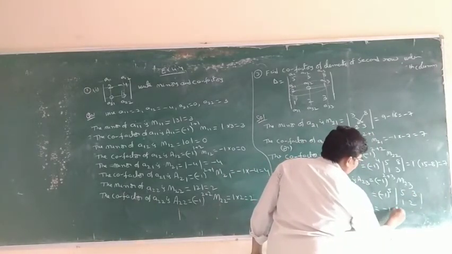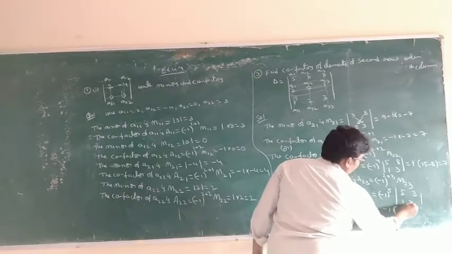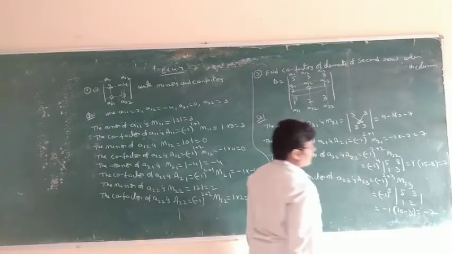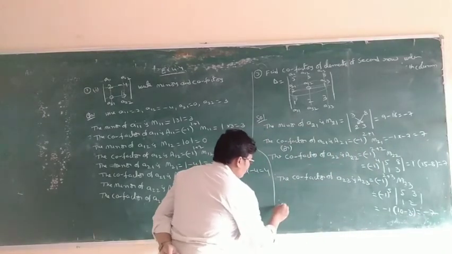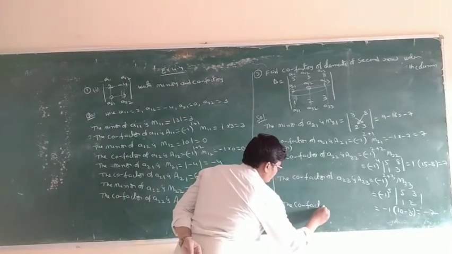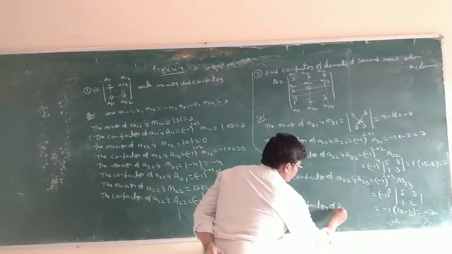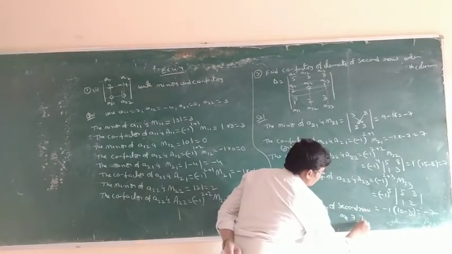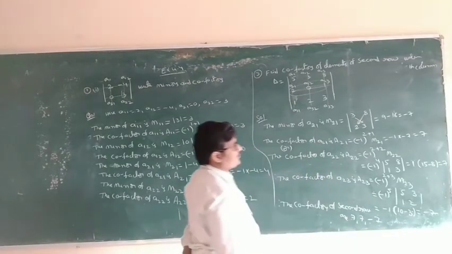So minus 1 into 5 into 2, 10, 10 minus 3, that is equal to minus 7. So the cofactors of the second row are 7, 7, minus 7.